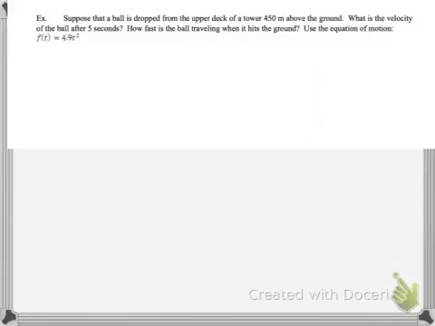So here's a problem. A ball is dropped. What is the velocity after 5 seconds? So that's saying find the velocity at 5 seconds, also known as the slope of the tangent line at x equals 5. That's what that's asking right there. So right away, I know that a equals 5. So I'm going to use the h formula.